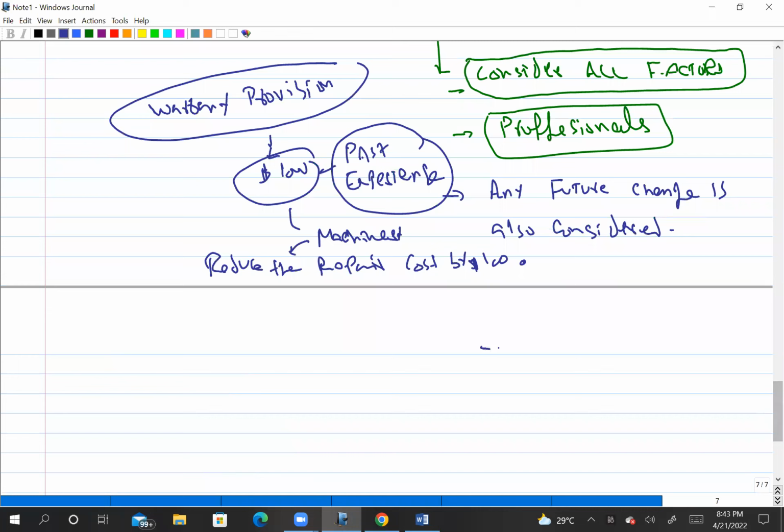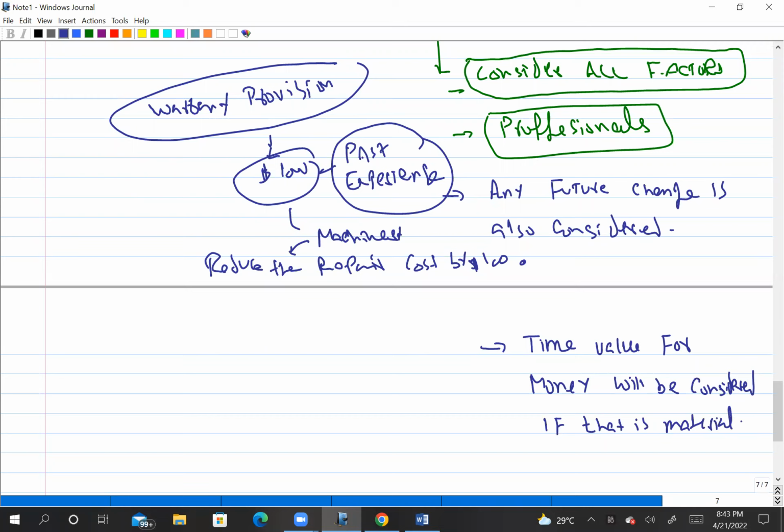Point number 4. Time value of money will be considered if that is material.